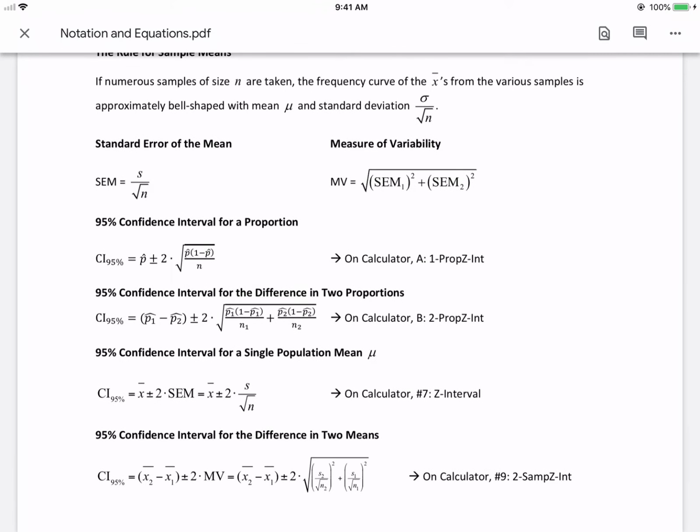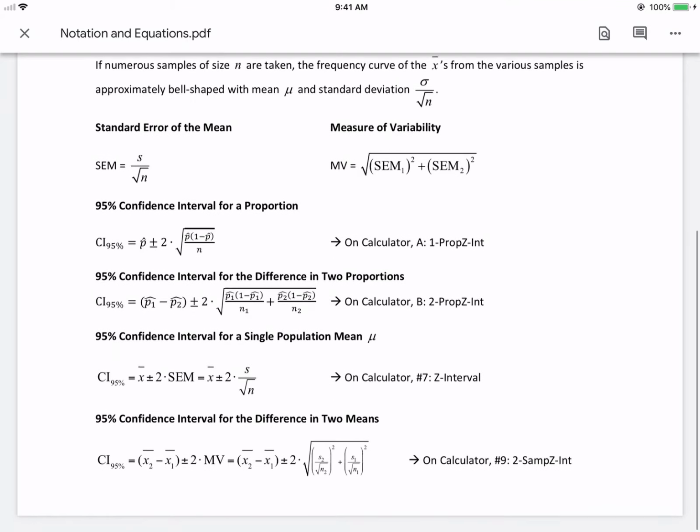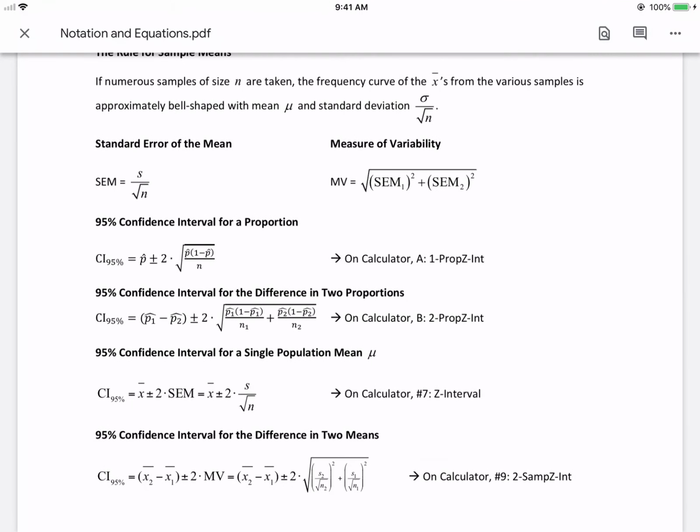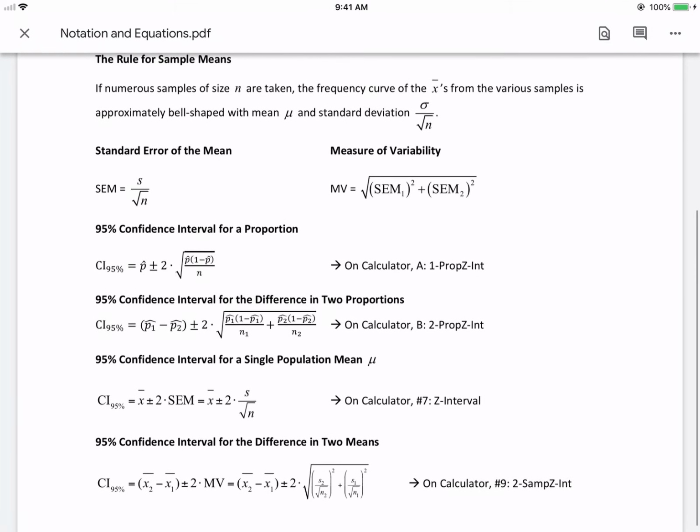Down here, this equation at the very bottom is the confidence interval for the difference of two means. This is what we'll be building to today. We see the difference in these two sample means, x bar 2 minus x bar 1, plus or minus 2 of these measures of variability, and we're going to expand on what that means.